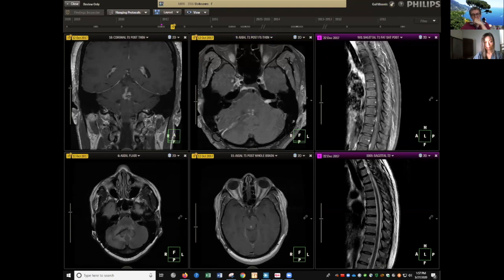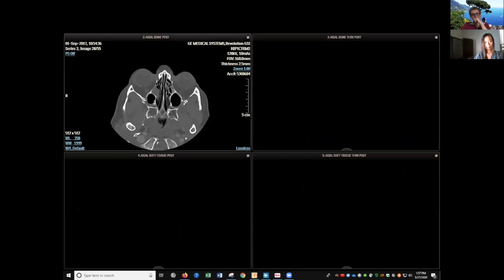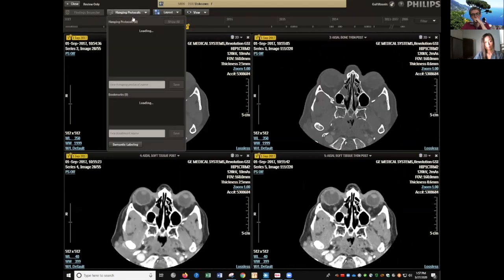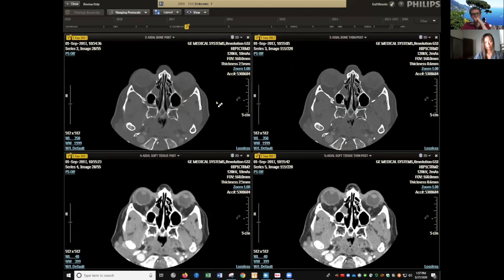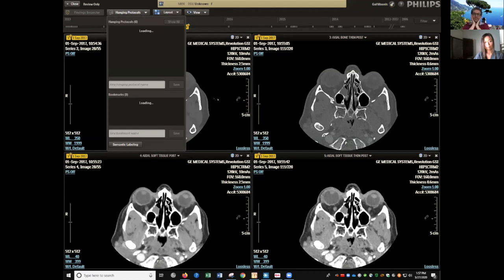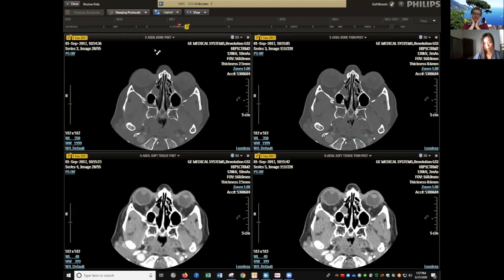And I just had a few companion cases with this, quickly. I know that we're running out of time here. So this is a patient who has a known diagnosis of sarcoid. Let me just bring this up, sorry.